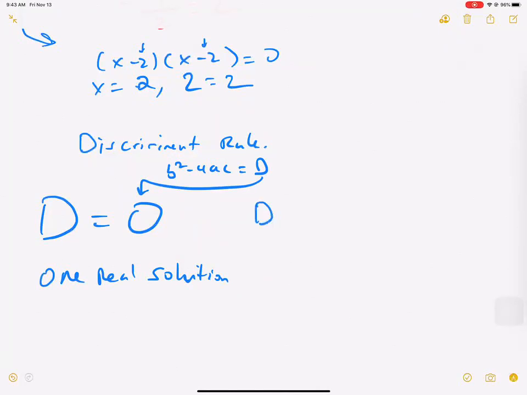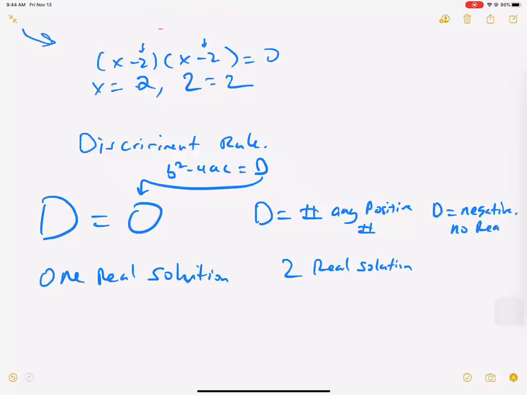If D is any positive number, that's going to lead us to two real solutions. And the last one, if D is negative, we have no real solutions.